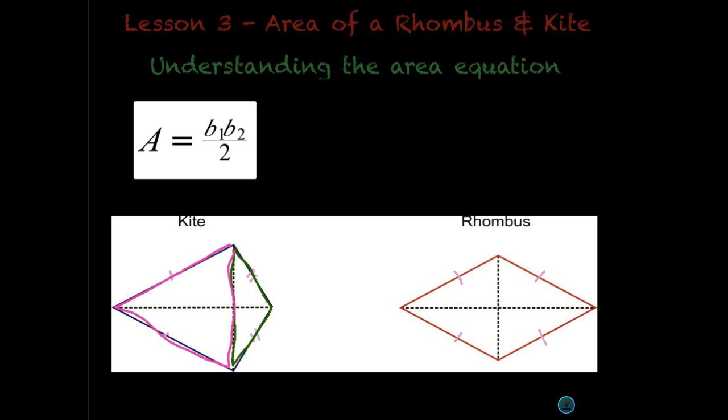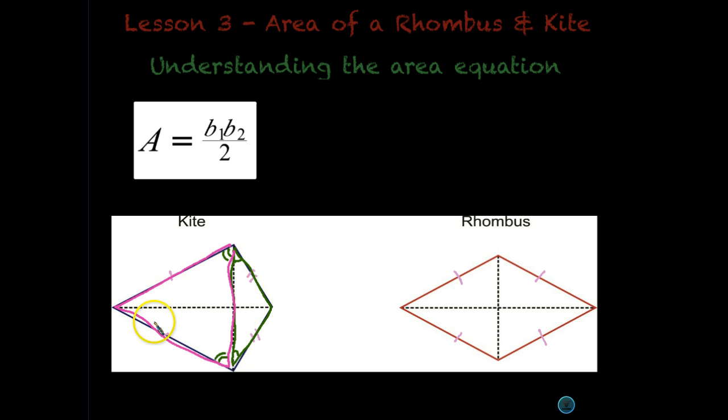Let's look at this green triangle. If both these legs are congruent, what does that say about both these angles? Both these angles are also congruent. We have an isosceles triangle. Same thing with the bottom. Both these legs are congruent, so both these angles are going to be congruent because we have an isosceles triangle there. So a kite is really two isosceles triangles together.